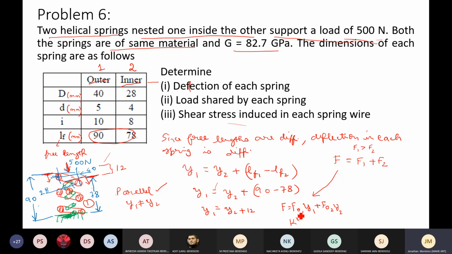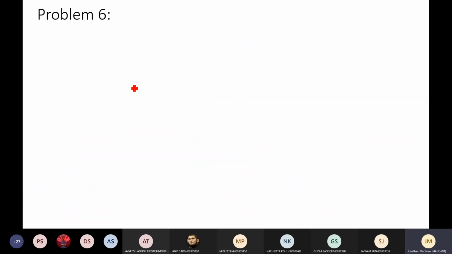Okay, so let us understand this. What is F01? We know what F is, so we'll go back to the equation and try to write it for F01 itself. I'll write it on the top here. F01 will be equal to d to the power 4 G by 8 I D cube. I'm just rearranging the equation.